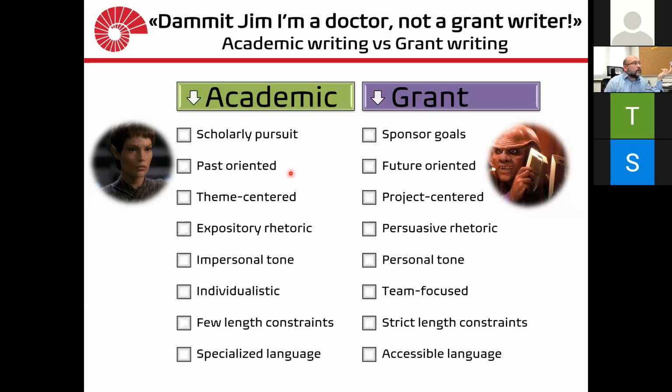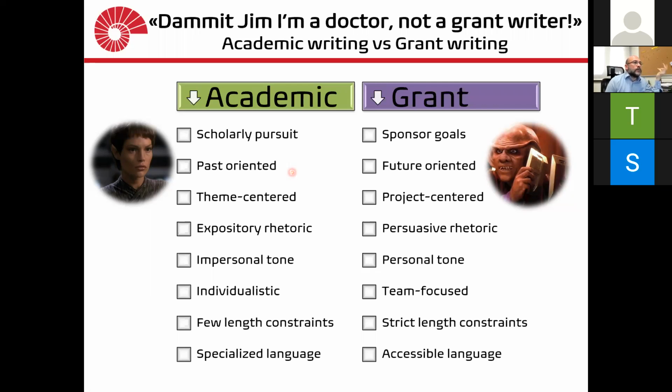Secondly, academic writing is past-oriented. You've already done the stuff that you are writing a journal article on. You've already completed the literature survey. You already completed your theoretical or field research, and you're reporting on that.